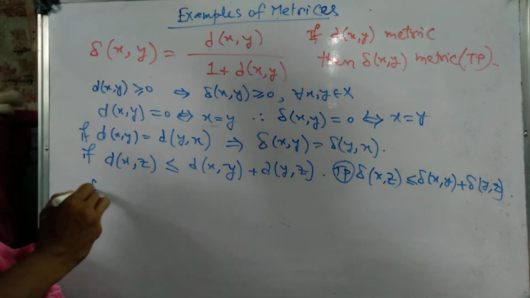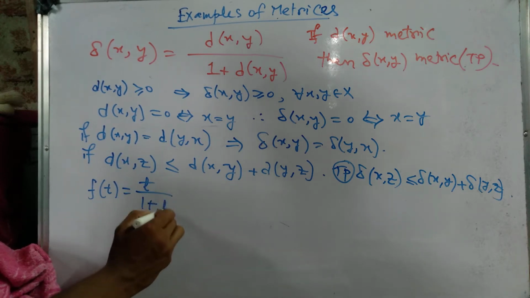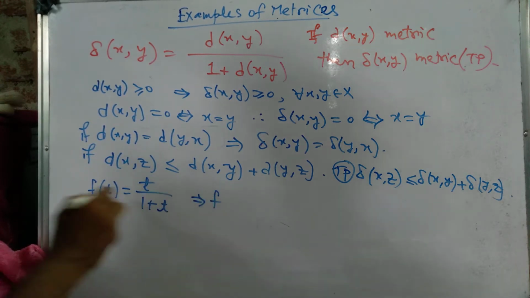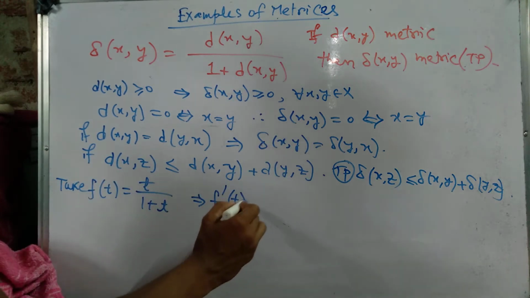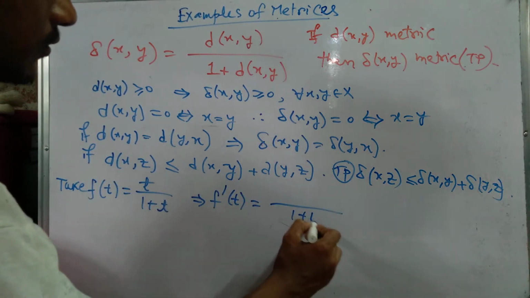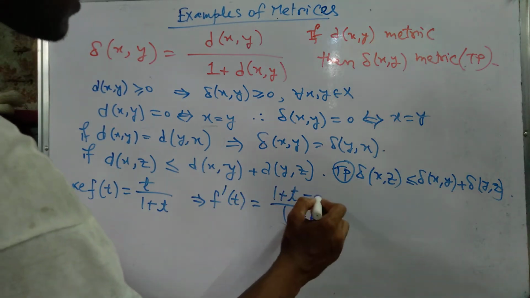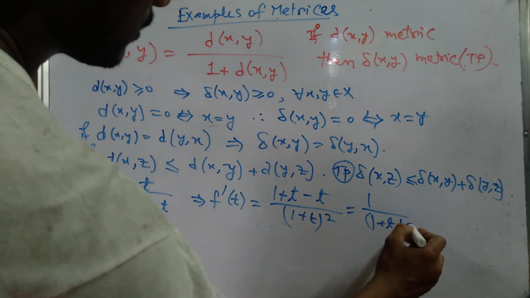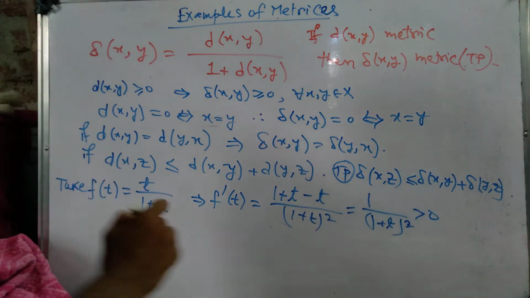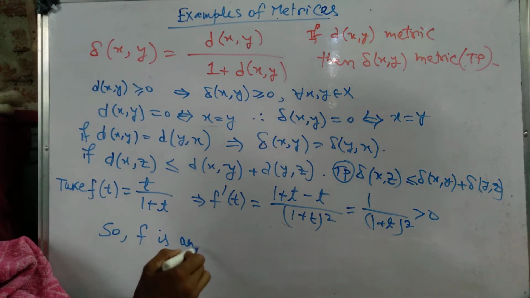We take f(t) equal to t by 1 plus t. This implies that f'(t) equal to 1 by (1 plus t) whole square. Here 1 plus t minus t, that means 1 by (1 plus t) whole square, greater than 0. So f is an increasing function.